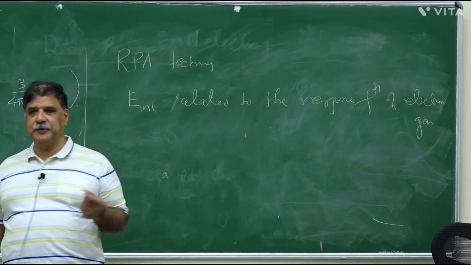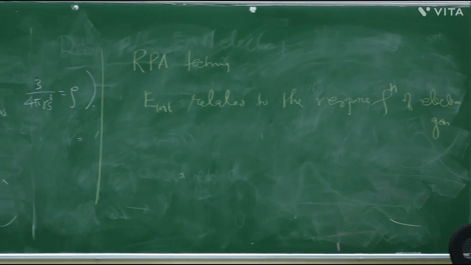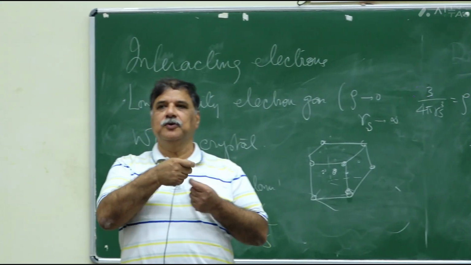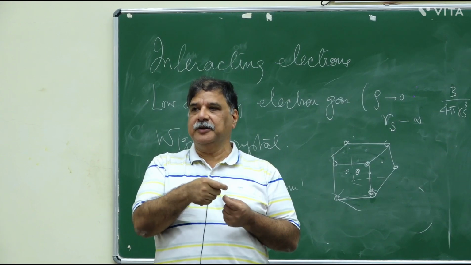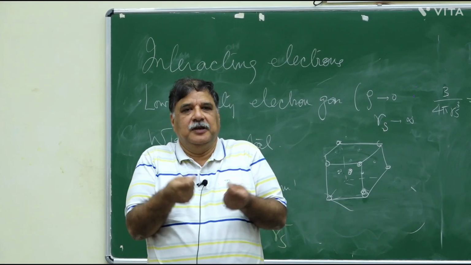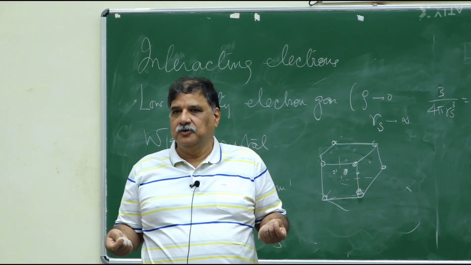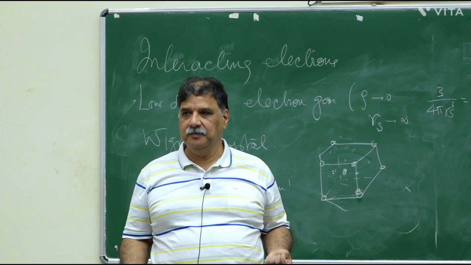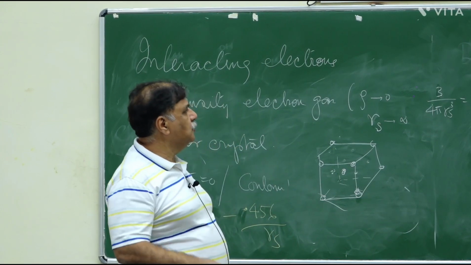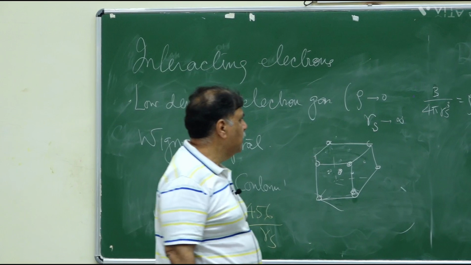You can find an exact expression, and it makes perfect sense, because if there is an electron moving around, it's going to apply an electric field to the other electrons, and that's what causes the electron-electron interaction energy. So you can always relate it to the response function. In fact, it is related to the imaginary part of the response function.